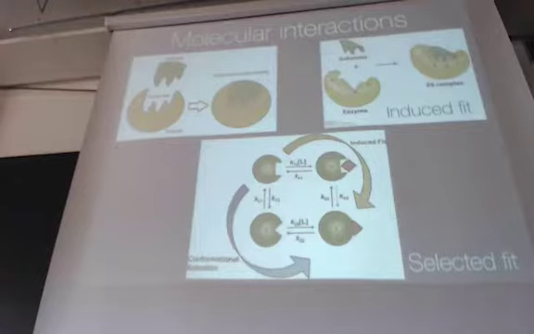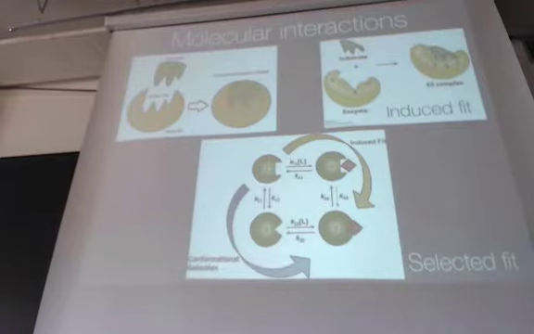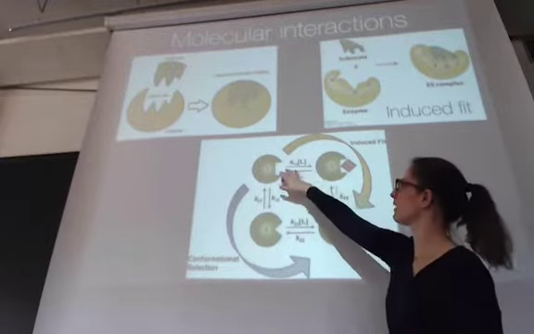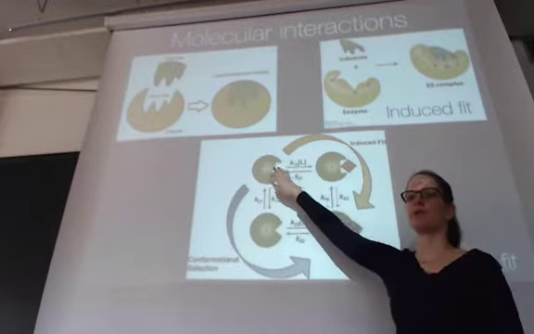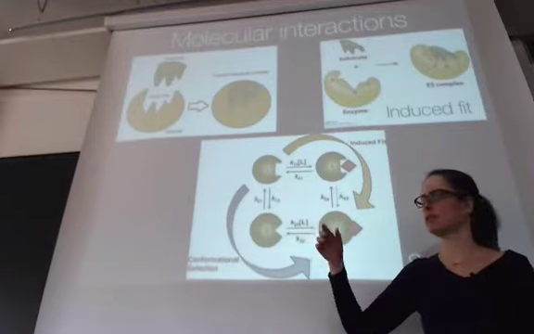And then it turns out that, of course, it's neither most of the time. What you really have is a mix of both, and it's called selected fit. The idea is that you have a protein that can exchange between conformations according to Boltzmann statistics, right?